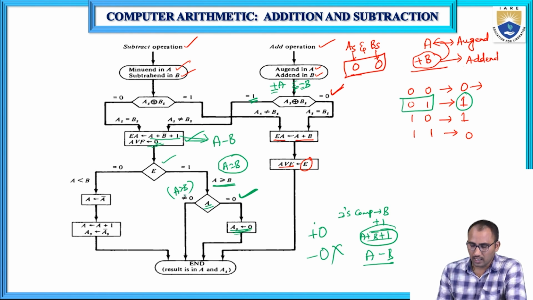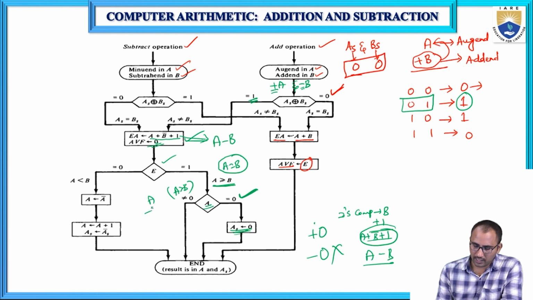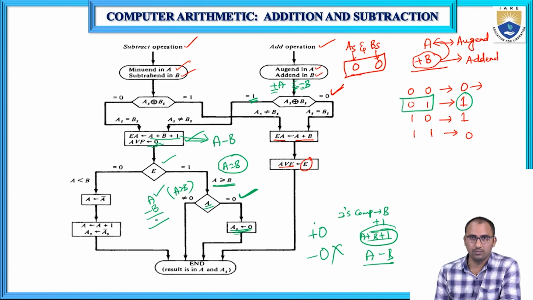That means after performing subtraction, A minus B, A is a larger value. You should not get 0 because you will get some finite value here. So that's why not equal to 0. And the result will be stored in the accumulator and AS.